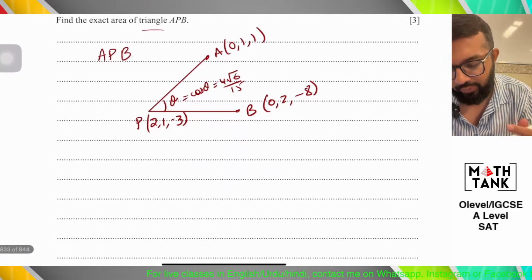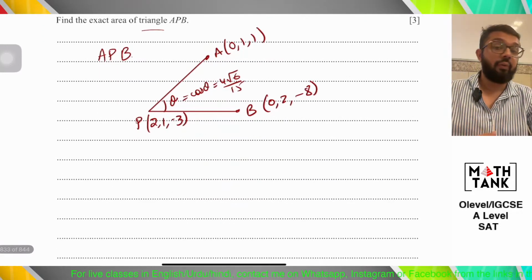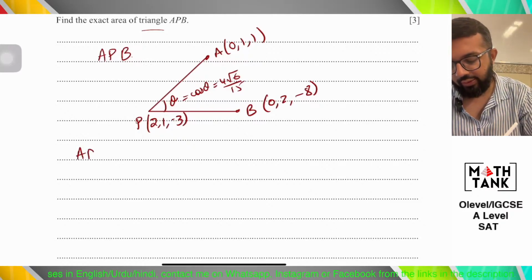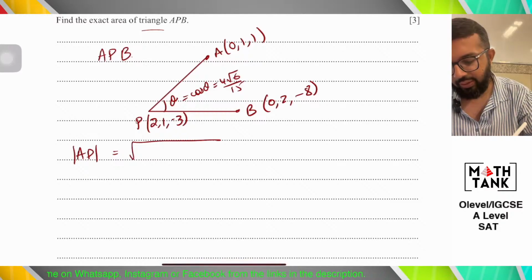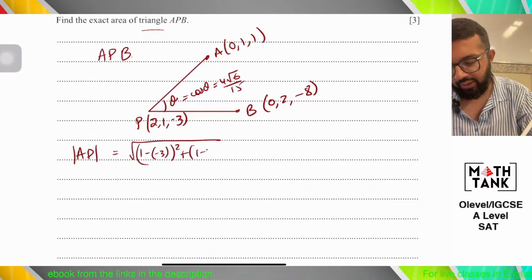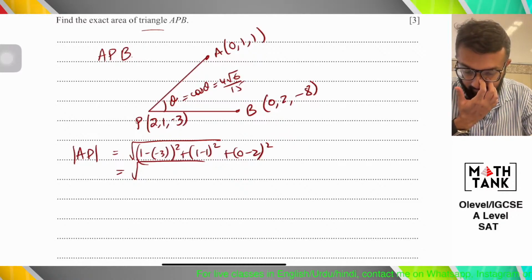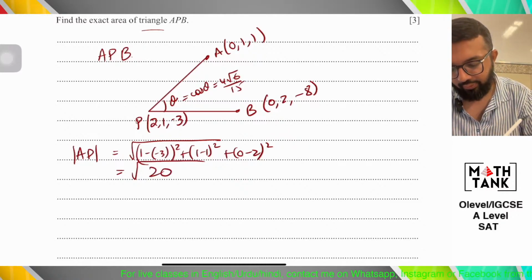So I can use the sine formula for area. First I will have to calculate AP, the magnitude of AP. That's going to be 1 minus minus 3 whole square plus 1 minus 1 whole square plus 0 minus 2 whole square. 16 plus 4, 20, root of 20.